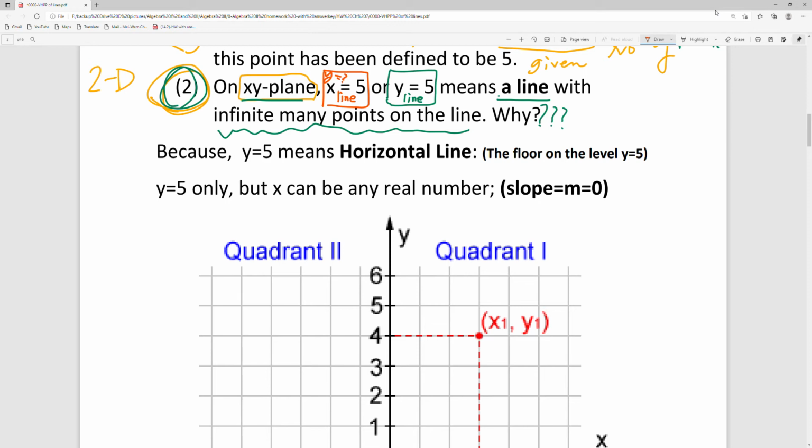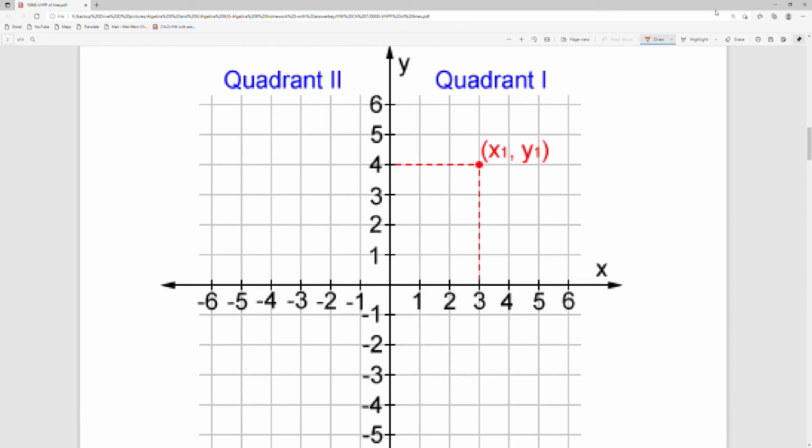So that's interesting. When x equals 5, let's draw x equals 5. x equals 5 is here. And did they say what y is? They didn't say. So y can be any number. y can be 1, but x needs to be 5. So you can have (5, 0), (5, 1), (5, 2), or (5, whatever the number is).